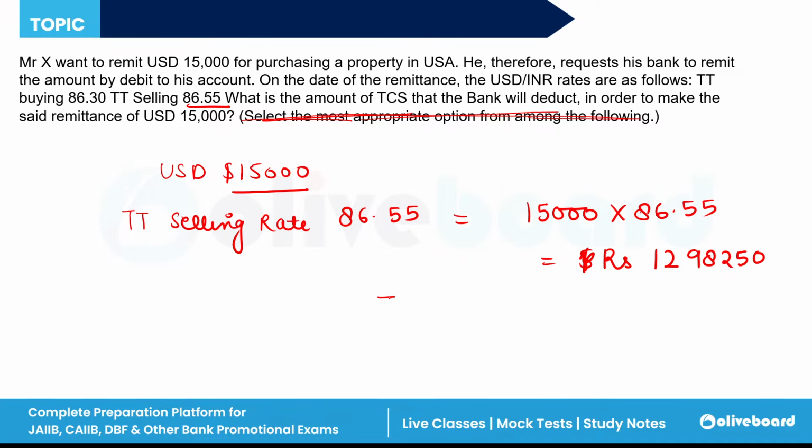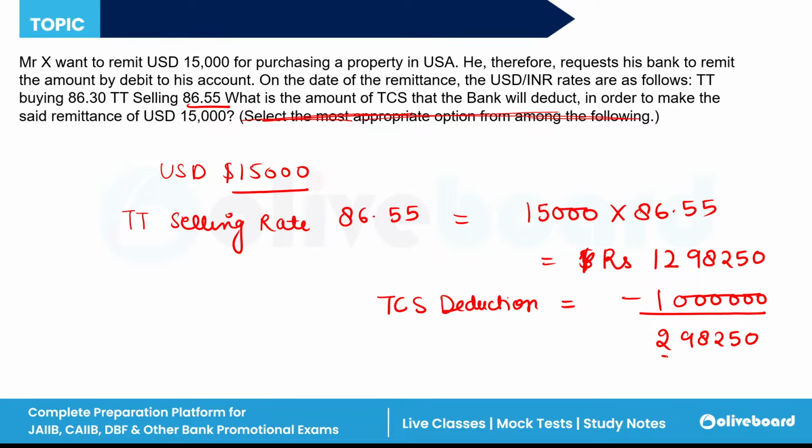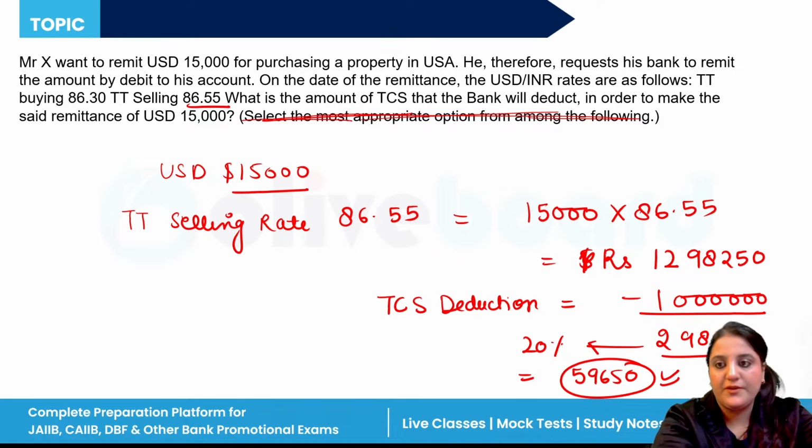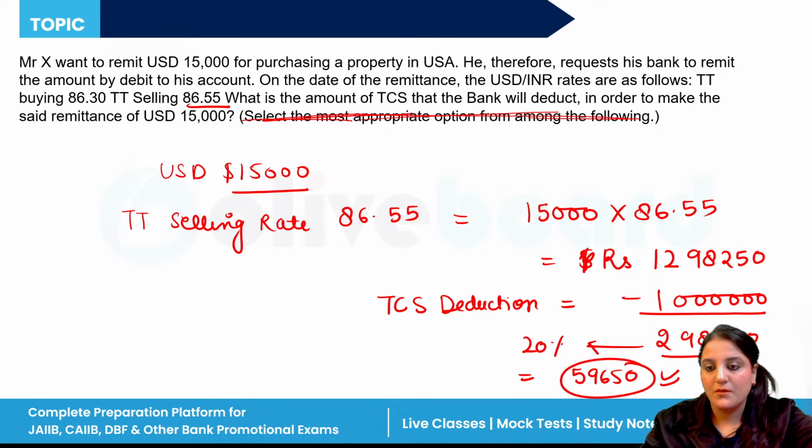Now we have to deduct the TCS threshold of 10 lakh. Reduce the 10 lakh from this, that is 2,98,250. Apply 20% here, that equals 59,650. So this is the answer, 59,650. Clear? Okay.